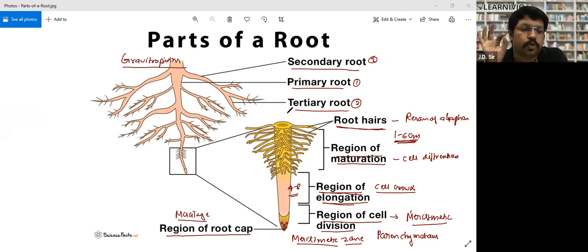Root hairs are: first, unicellular structures; second, multicellular structures; third, unicellular outgrowths of the epidermis; fourth, they arise from inside the root cells. Which of the following is correct?